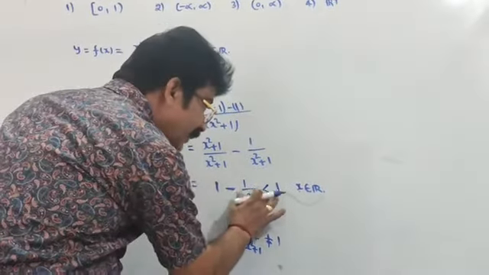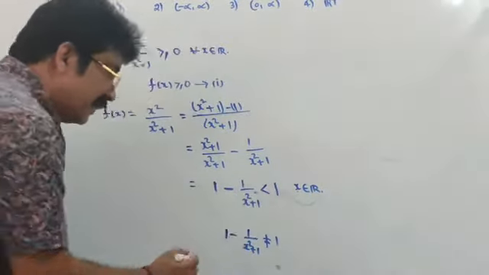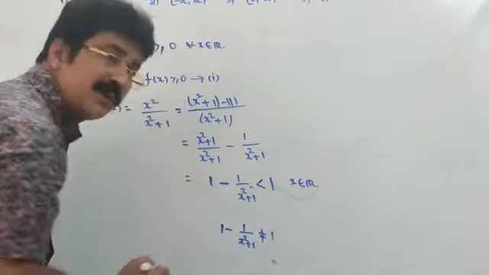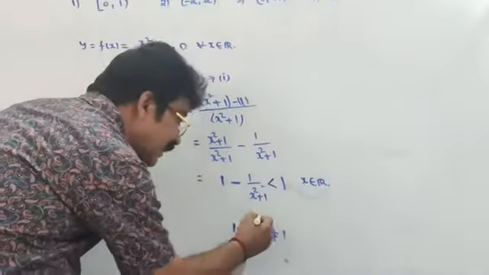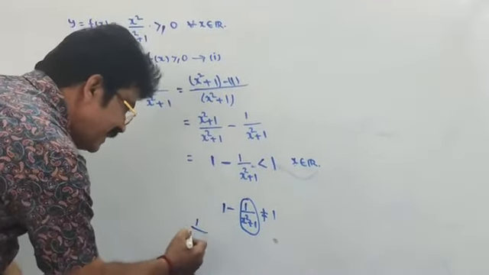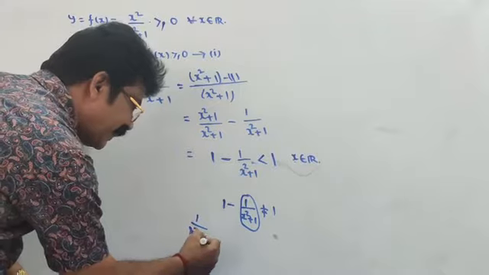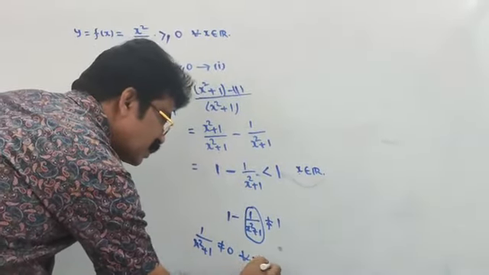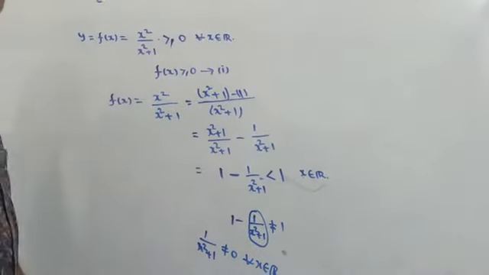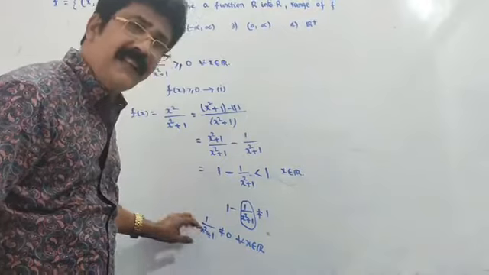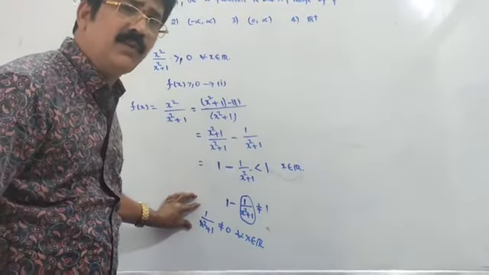Why? 1 minus 1 by x square plus 1 should not be equal to 1 because 1 by x square plus 1 should not be equal to 0 for all x belongs to capital R. You can take any real number and substitute here; definitely this value should not be equal to 0.